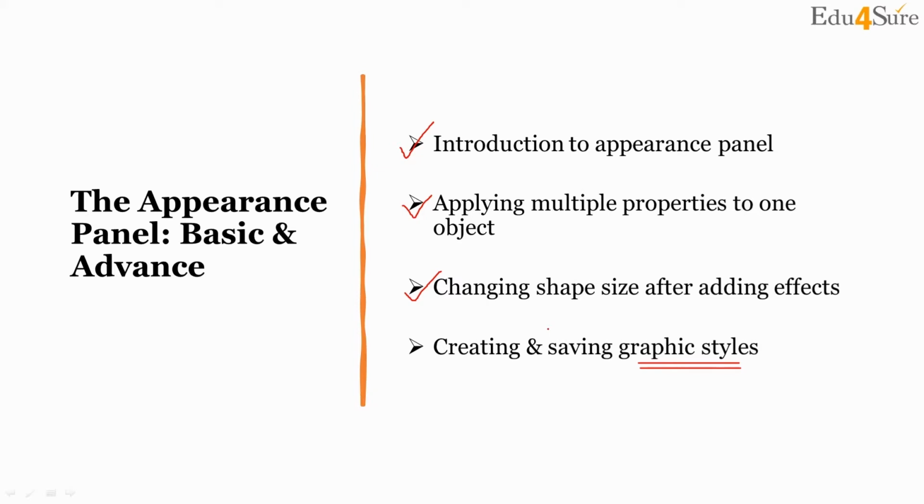You can simply click and drag to save your graphic style, and then apply it multiple times to other objects that you create in the future. First we'll create a graphic style, and then we'll look into how to save it.